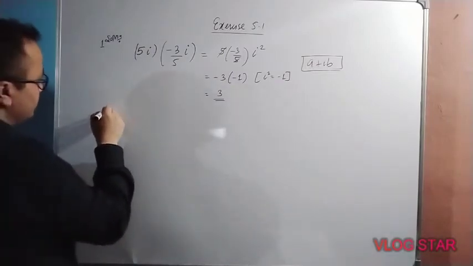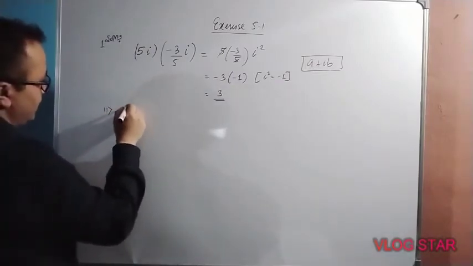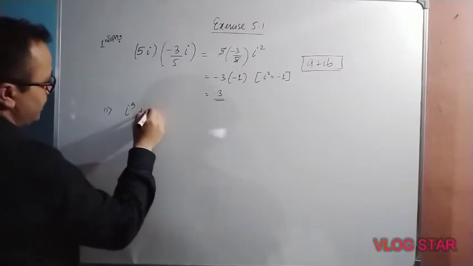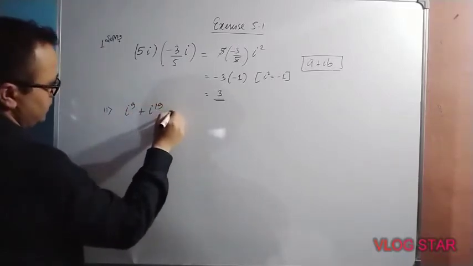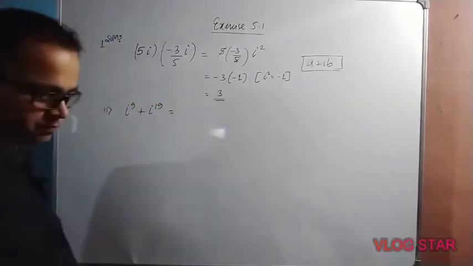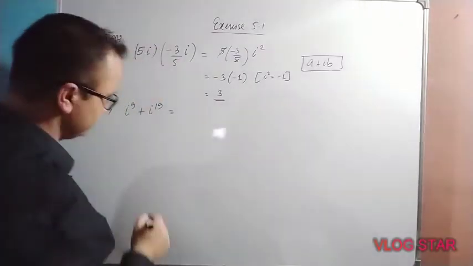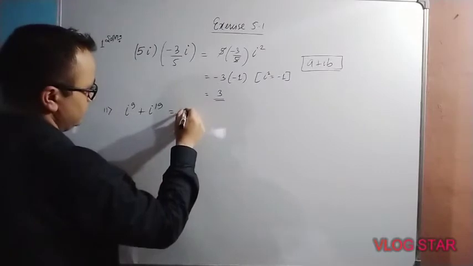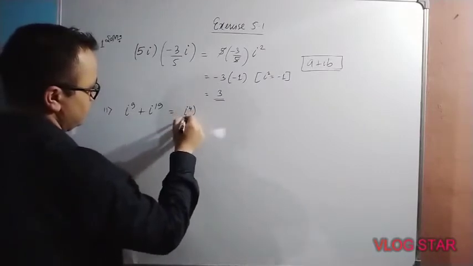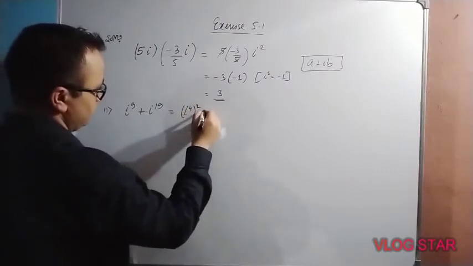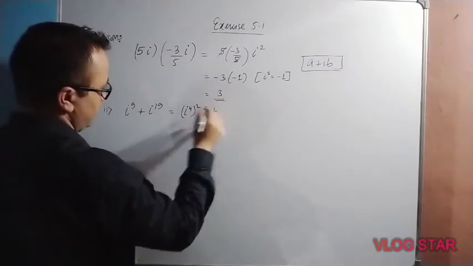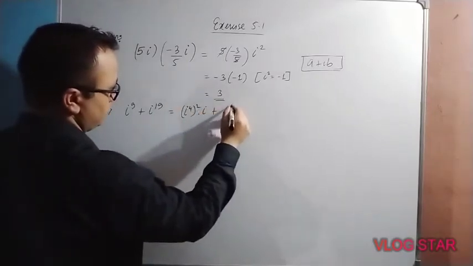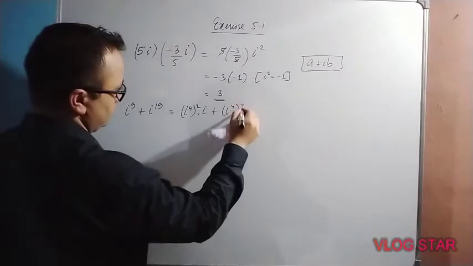Now in question number 2, i to the power 9 plus i to the power 19. This equals i to the power 9 is i to the power 4 whole square into i. i to the power 19 is i to the power 4 whole to the power 4 into i cube.